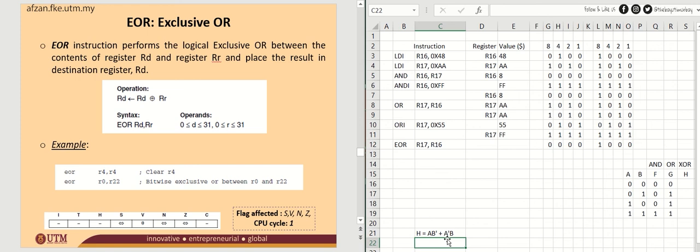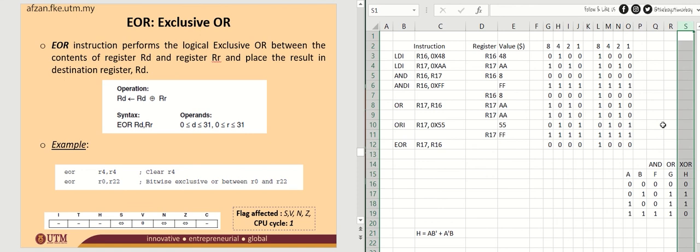By looking at this, you know that when you have 0, 0, you get 0, this is 1, this is 1, and this is 0 as well. So this is the truth table of logical exclusive OR.